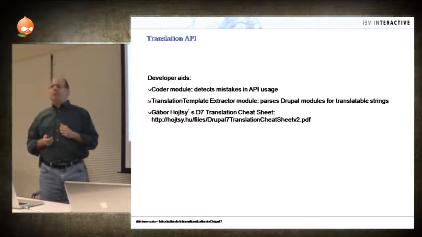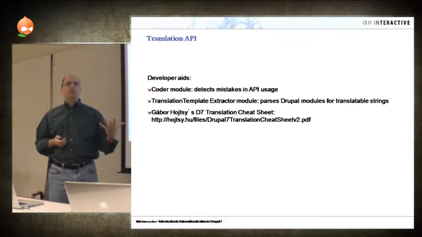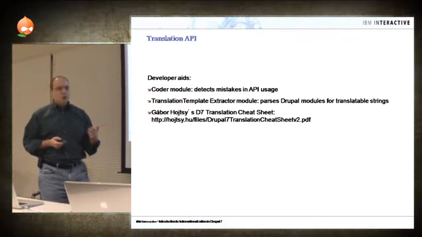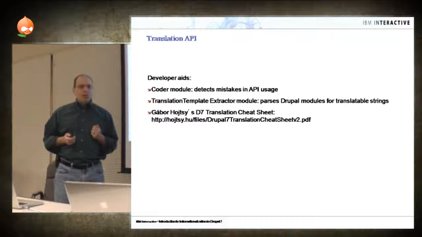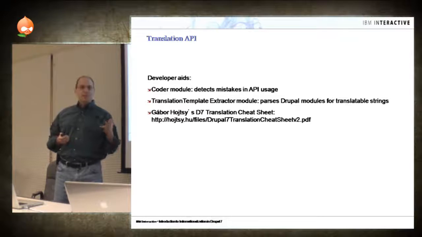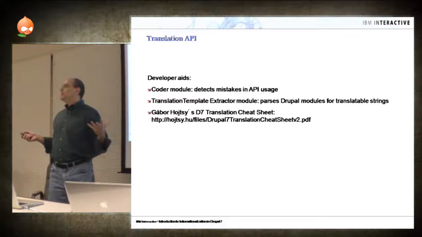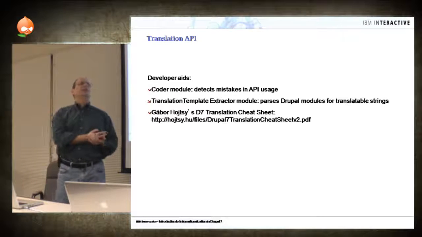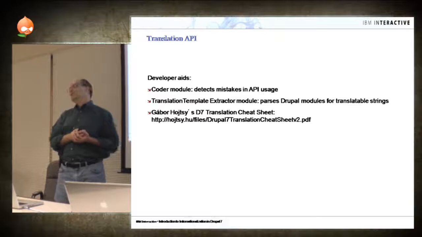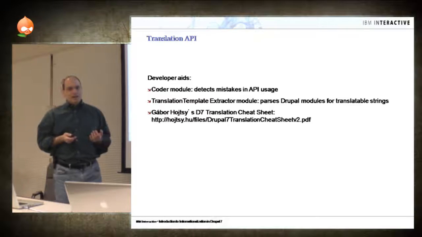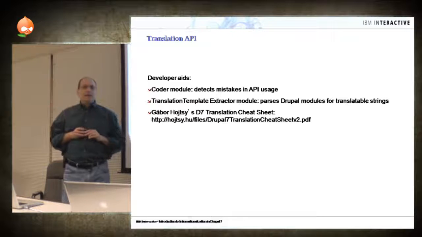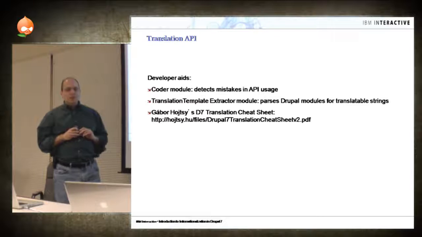There are some helper modules for developers in this room. One is the coder module, which detects mistakes in API usage of just any API you're calling, including the T function. So if you're using the T function improperly, the coder module will tell you. There is also a module called Translation Template Extractor. It parses Drupal modules for translatable strings.